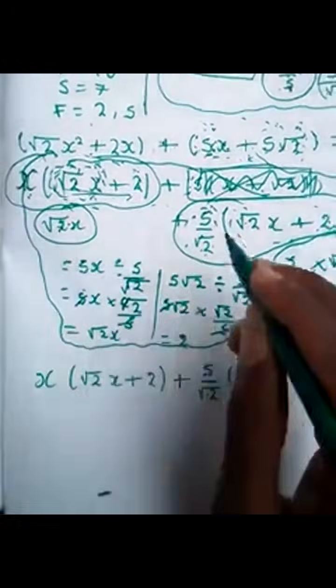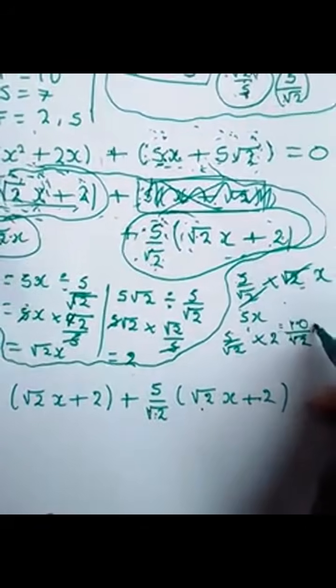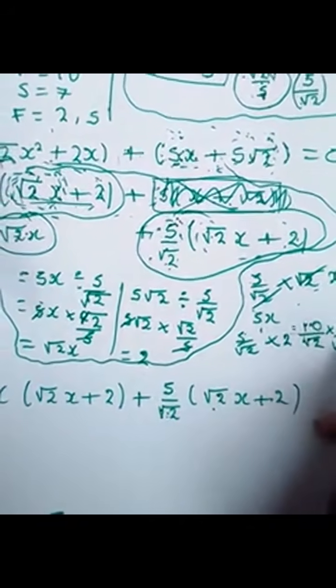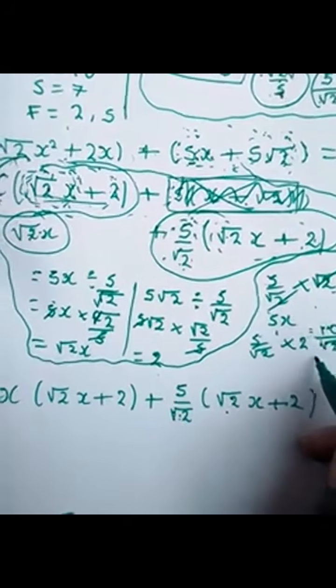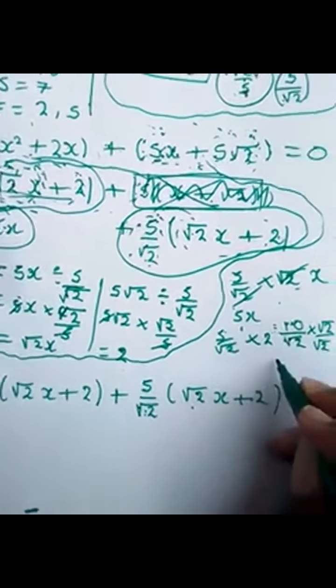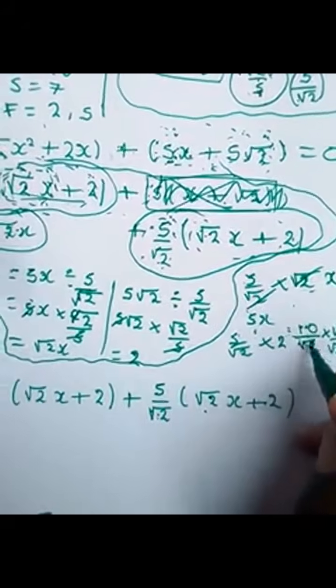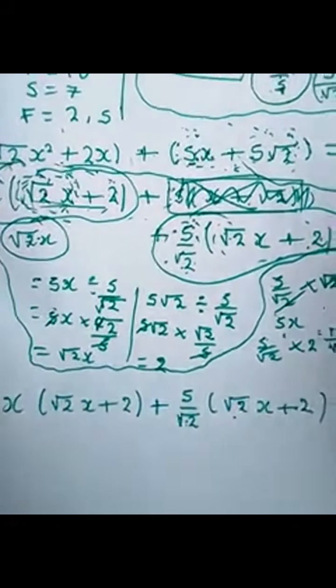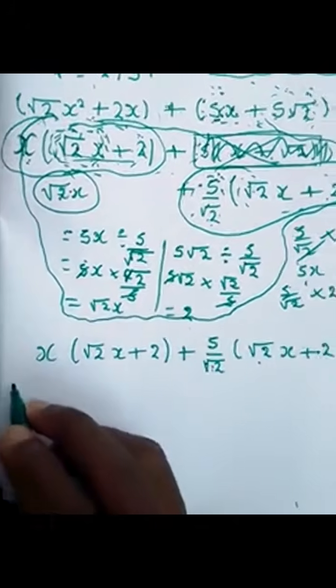So we can rationalize this. Multiply by square root of 2 on the numerator, square root of 2 on the denominator. Guys, I've run out of space. Okay, let me do it here.